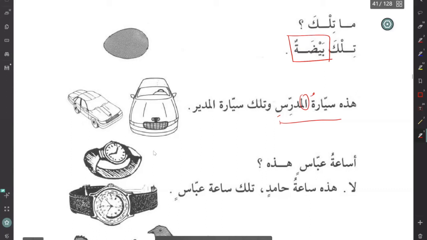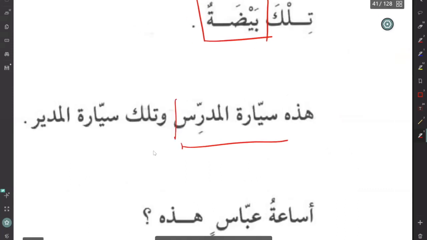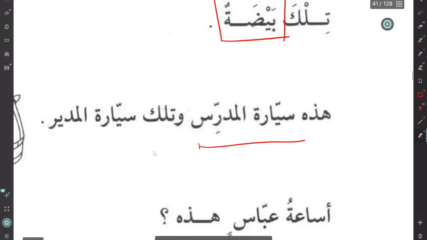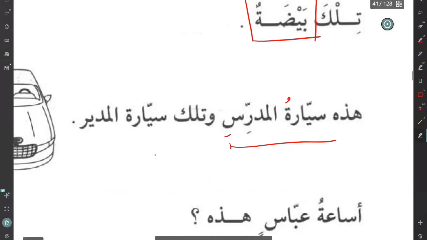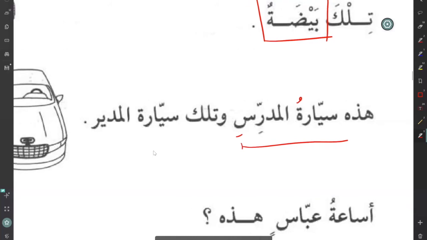You need to quickly spot these things before you even translate. You cannot avoid the next words. It's right here, so you should be able to think, I think the next one, even if you're guessing. That's why we need to know this, because now we can pronounce it properly. I can say هذه سيارة المدرسي. This is the car of the teacher.